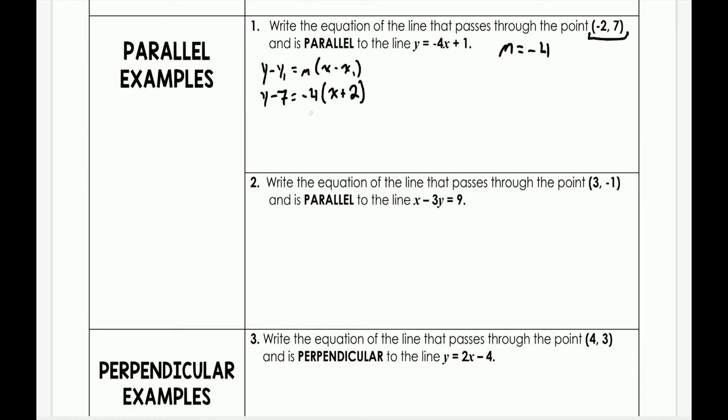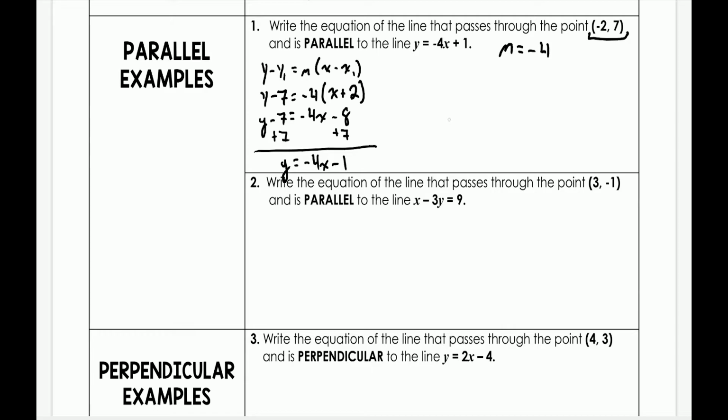Let's move forward with this. We're going to be distributing the -4. So we have -4x minus 8. We're left with y minus 7 over there. In order to get y isolated, we need to add 7 to both sides. And that leaves us with y is equal to -4x, and -8 plus 7 is going to be -1.